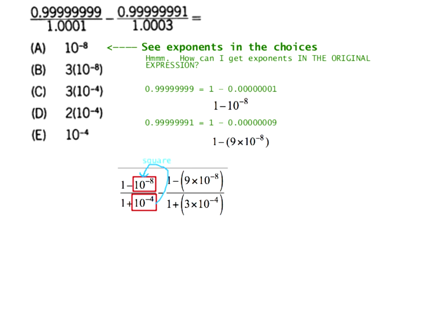So this is basically just a really obnoxious way of using this whole idea that a squared minus b squared is a minus b times a plus b. So you can actually factor the top into the bottom thing times the bottom thing with a plus sign.